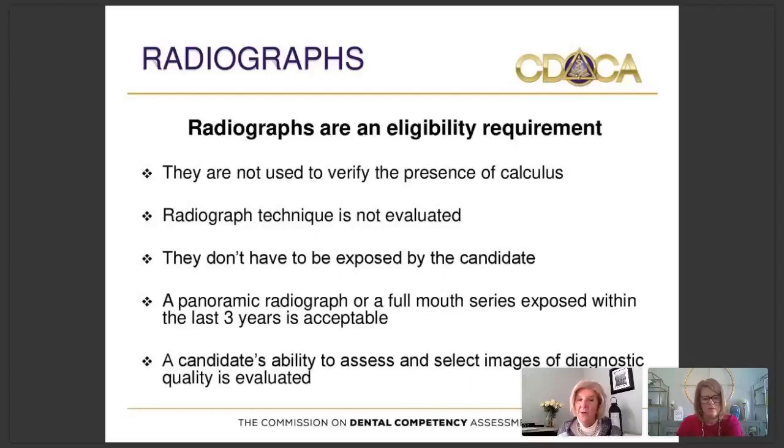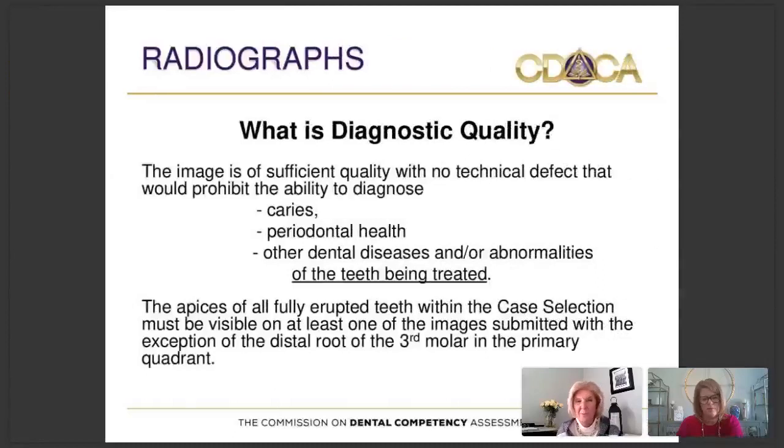What you are going to be graded on or evaluated on is your ability to assess and select images that are of diagnostic quality. So what do we mean by diagnostic quality? We mean that the particular image has to be clear enough with no technical defects that would stop us from being able to diagnose caries, perio health, or any other dental disease or abnormalities of the teeth being treated.